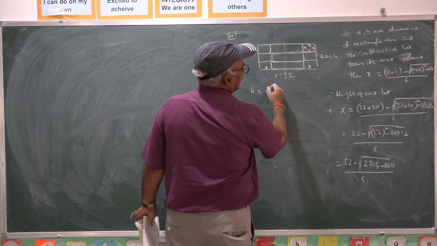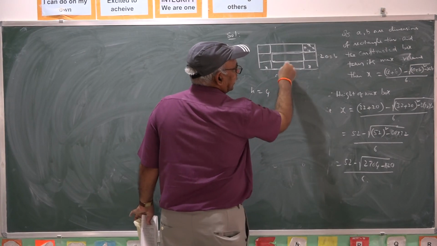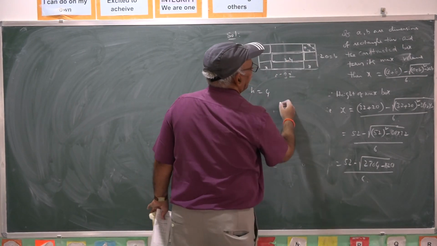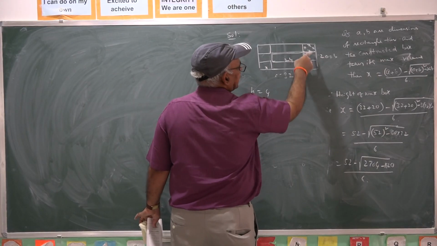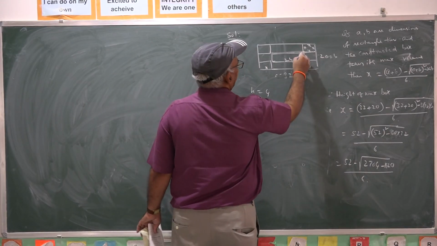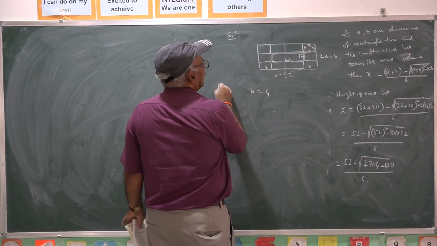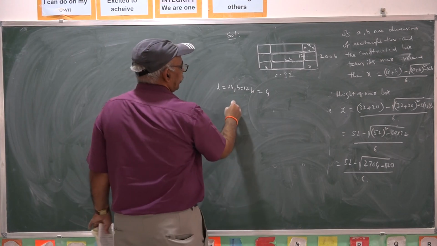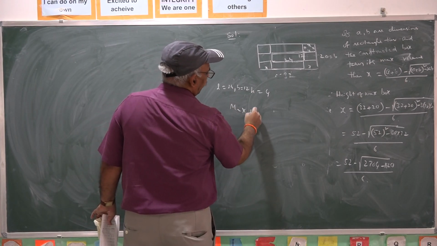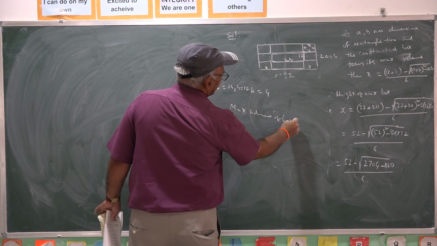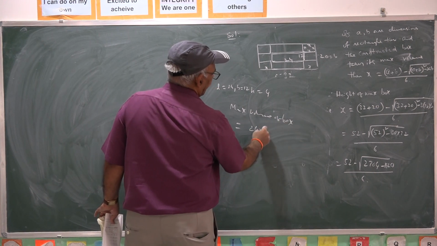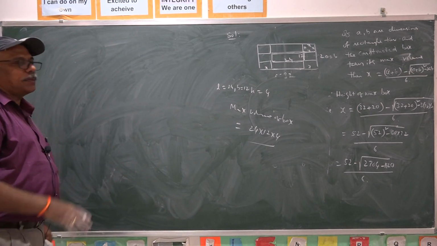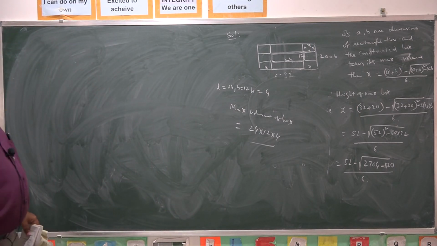So the length is 32 minus 8, which is 24, and this one is 20 minus 8, because x is removed, so this is 12. So length is 24, breadth is 12, height is 4.